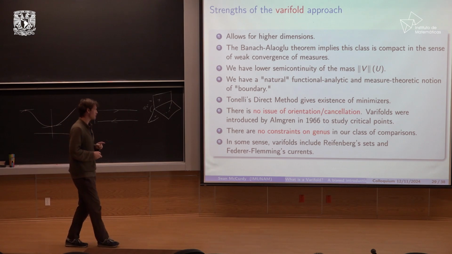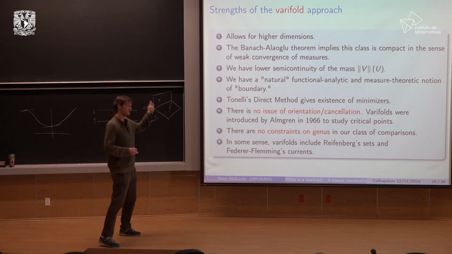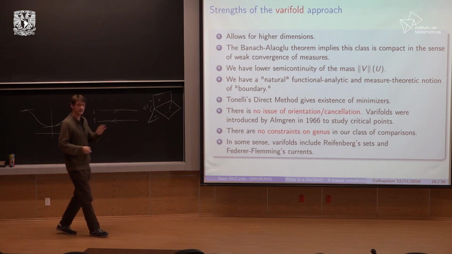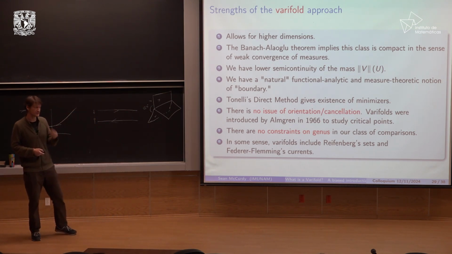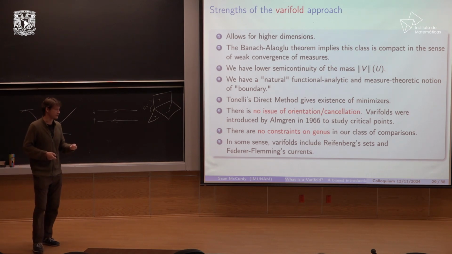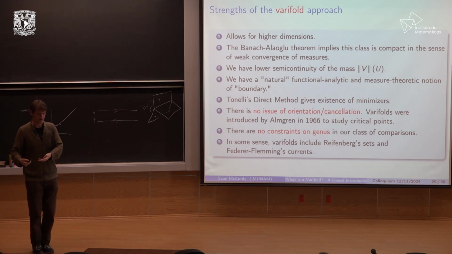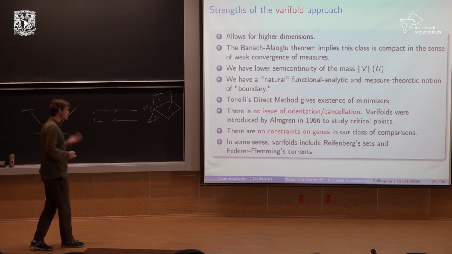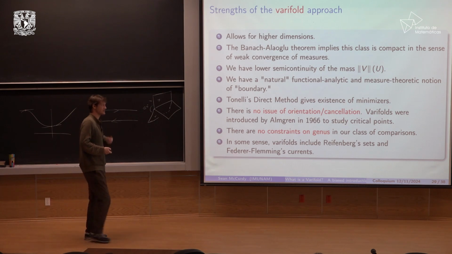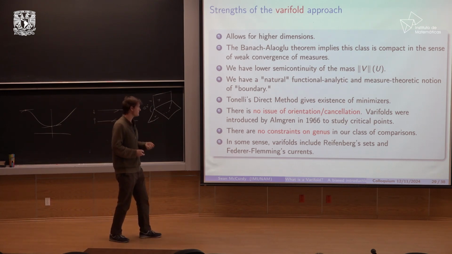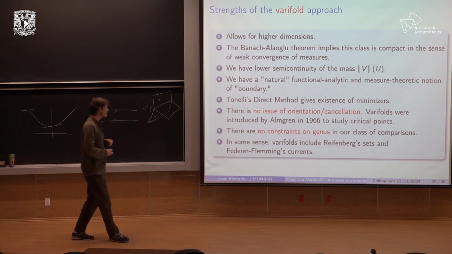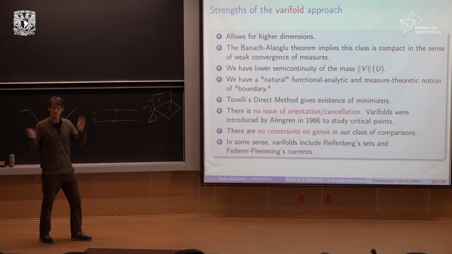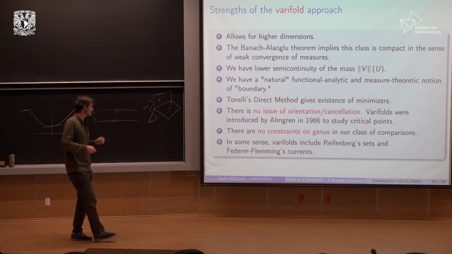But perhaps more importantly, from the perspective of the calculus of variations, there's no issue of orientation or cancellation. So we can consider critical points of the area functional in a very natural way. And varifolds were introduced by Almgren in 1966 to study these critical points of the area functional. Also, there's absolutely no constraints on the genus or any sort of topological type in our class of comparisons.